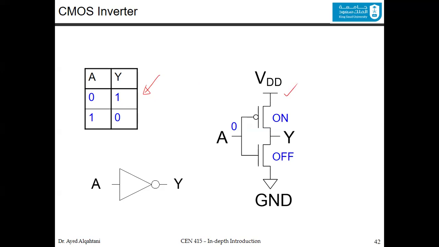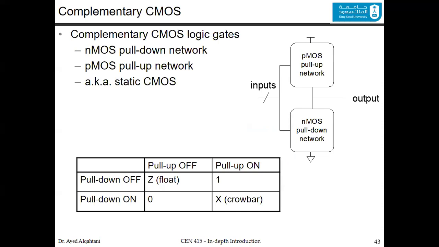Now, what we've done here is the analysis of the inverter, but how do we build it? Is there a way to build the inverter or any other gate? Yes, there is the complementary CMOS model that we showed you before. The inputs are connected to the gates of the transistors only. And we will have two regions.